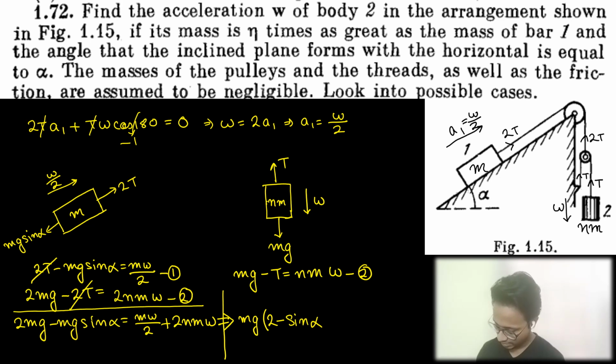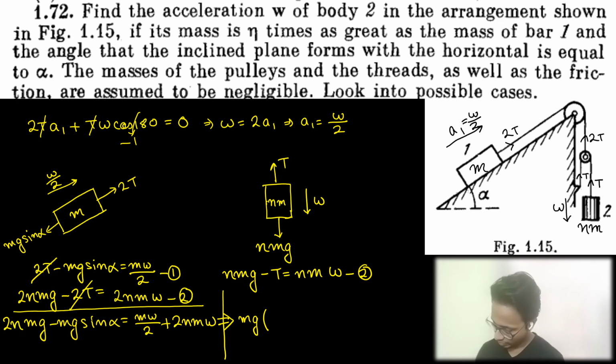Actually, 2n mg here, I was missing nmg, because the mass is nm. So here it would be 2n mg minus mg sine alpha.